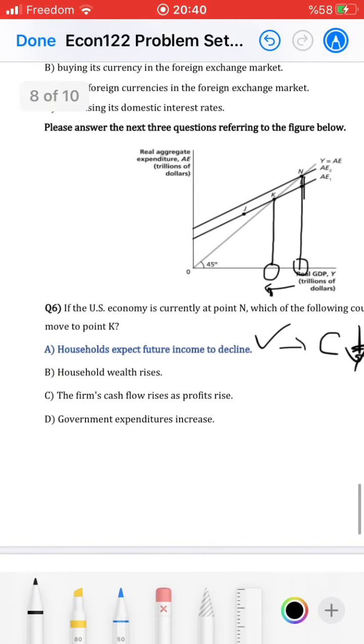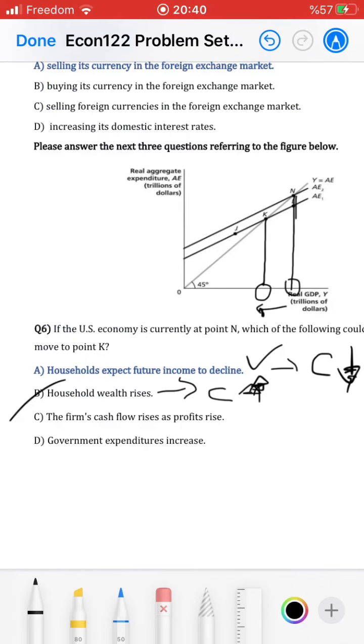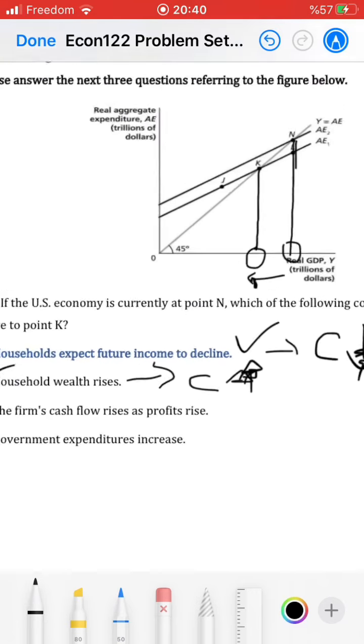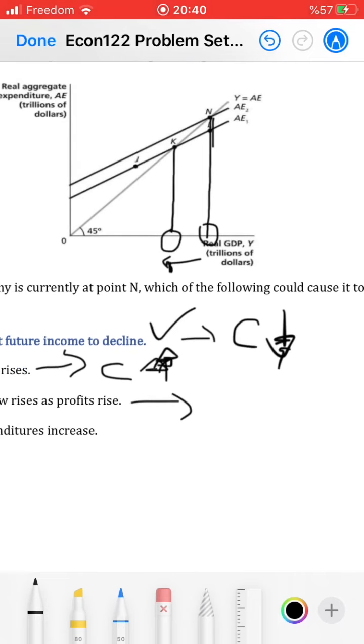Household wealth rises. When your wealth rises, you actually would want to consume more. So in this case, it would increase income, not decrease. This cannot be the explanation. The firm's cash flow rises as profits rise. When your profits rise, that means that investment opportunities are high and the economy is going well, so you would want to increase your investments.